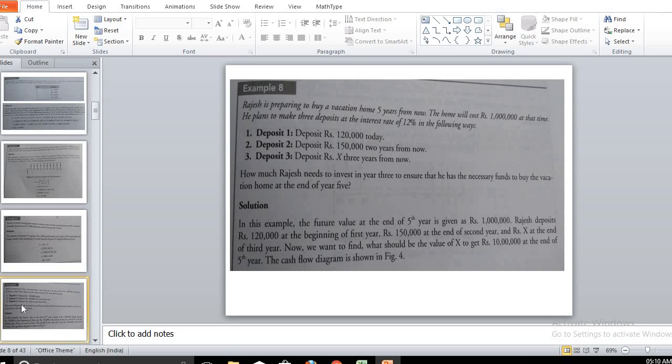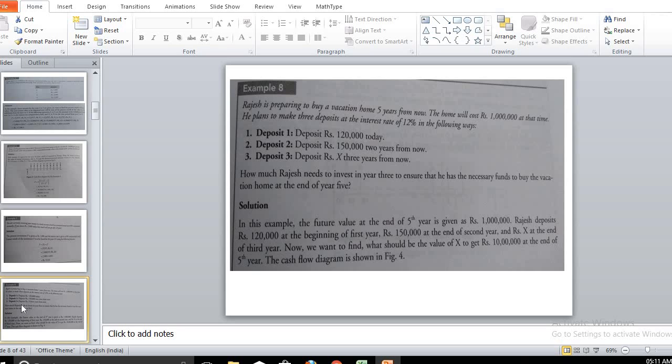Rajesh is preparing to buy a vacation home 5 years from now. The home will cost rupees 10 lakh at that time. He wants to make 3 deposits at an interest rate of 12% in the following ways, so that he will get the amount of 10 lakh after 5 years.